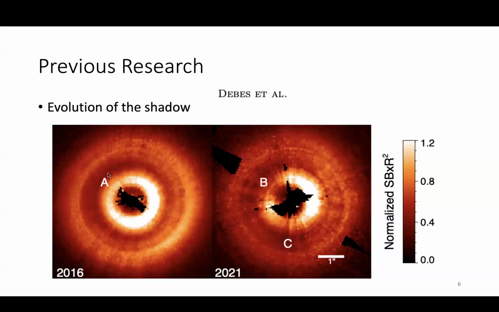The shadow is moving counterclockwise, and that suggests it may be produced by a much inner ring. You can see there are several rings here, and that suggests maybe there's an innermost ring with some inclination, not aligned with the outer ring. So it will produce some shadow in the outer ring, as you can see in the final image here.